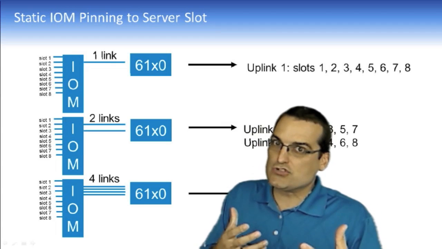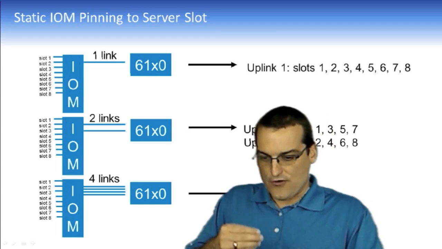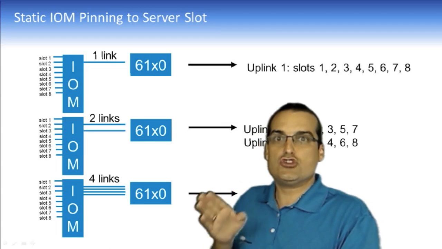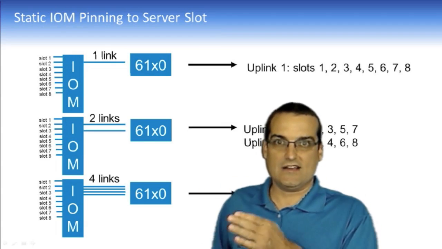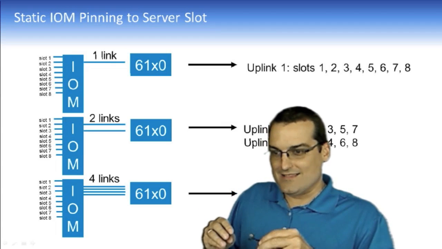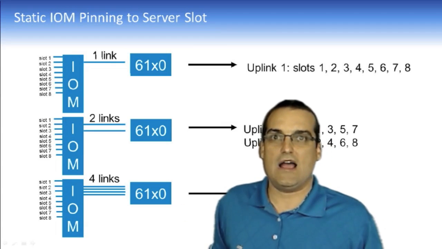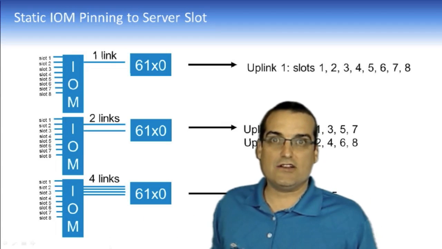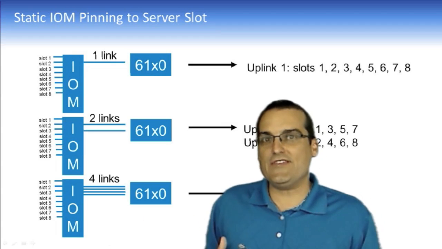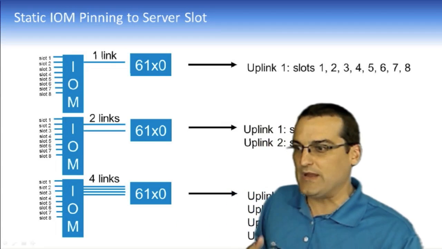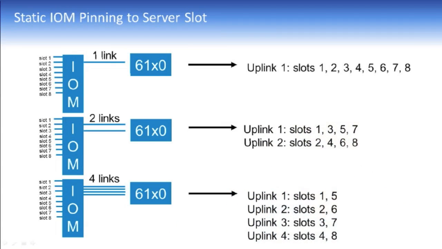Virtualized MAC addresses from the server blades are going to be pinned to particular uplinks. And that's how the multiple uplinks are going to be utilized. And there's no spanning tree running. And obviously, if there's a failure, we need to talk about what's going to happen to the particular pinnings of those MAC addresses to uplinks.